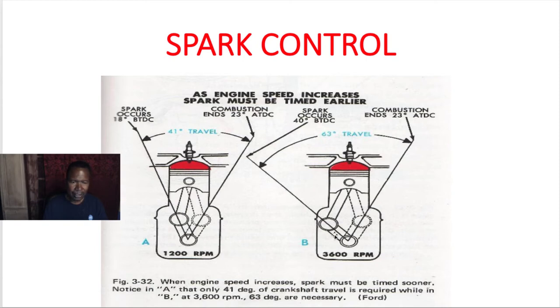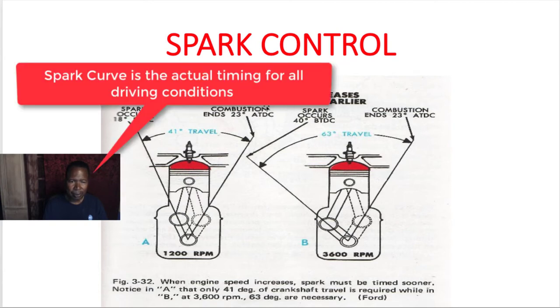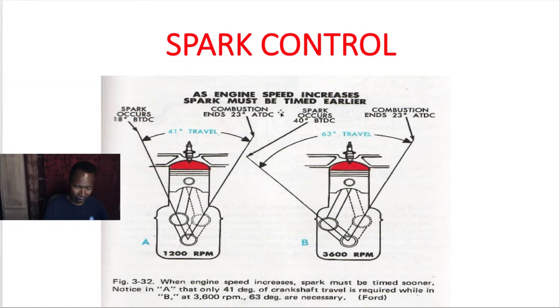Now here, this is 1300 RPMs, this is 3600 RPMs. As engine speed increases, spark must be timed earlier. So in this case, the spark curve is for all timing conditions. Spark control makes sure they have the right timing at the right time for all driving conditions.